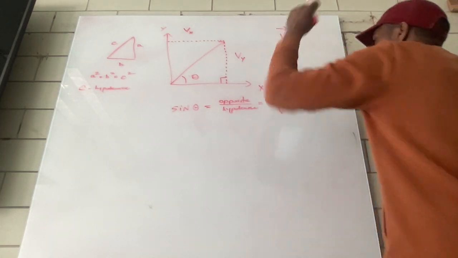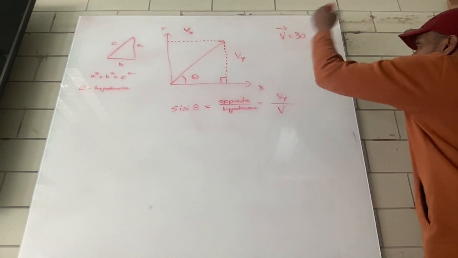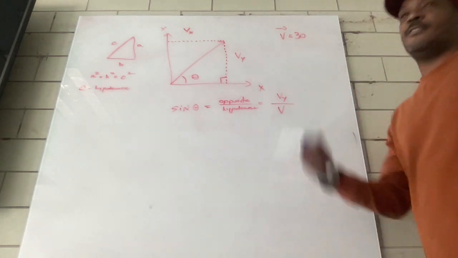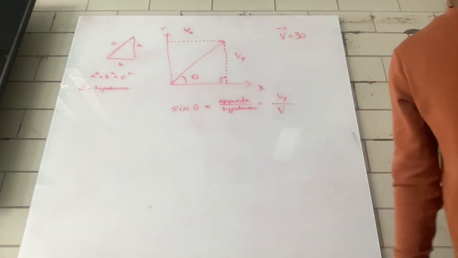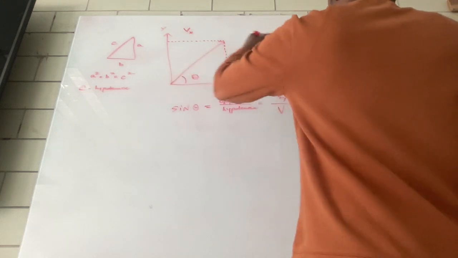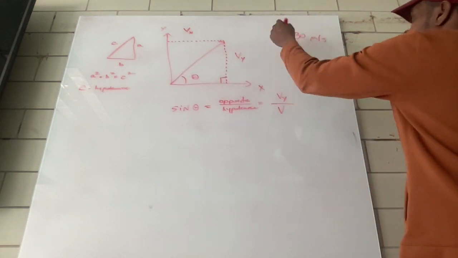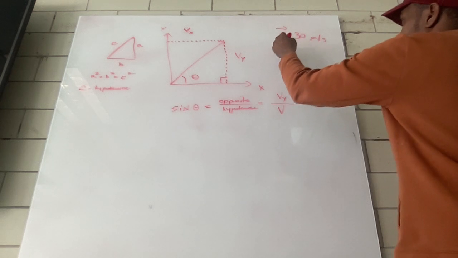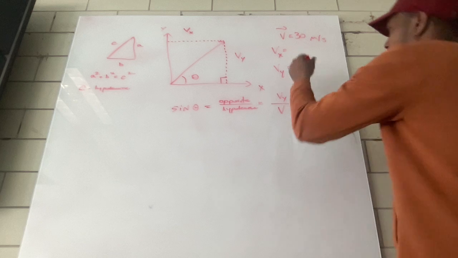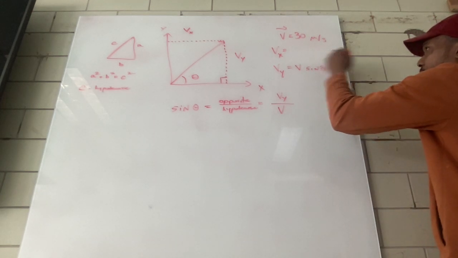So they said the object was traveling at 30 meters per second at a 30-degree angle. Then V is going to be 30 meters per second, but Vy is going to be V times sine of 30 degrees.